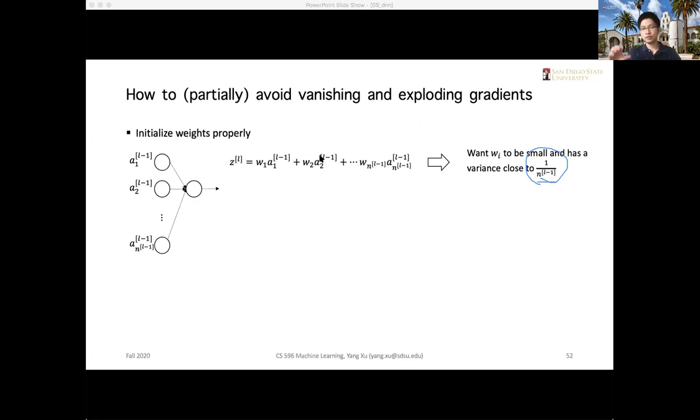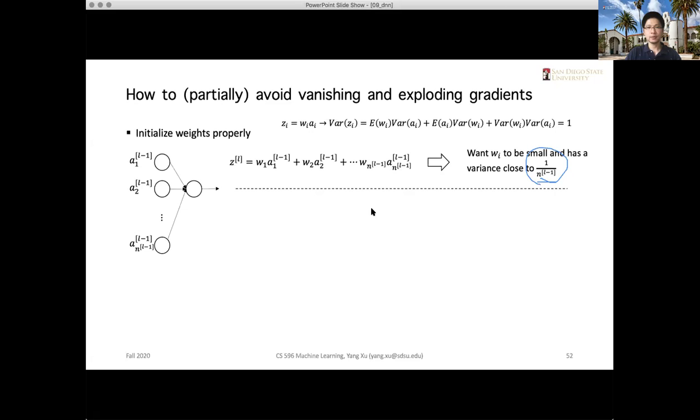That said, we are approximating z^L by the average of the previous activations, so the variance of the z's would be close to 1. The variance of the z's is not ridiculously large, okay?